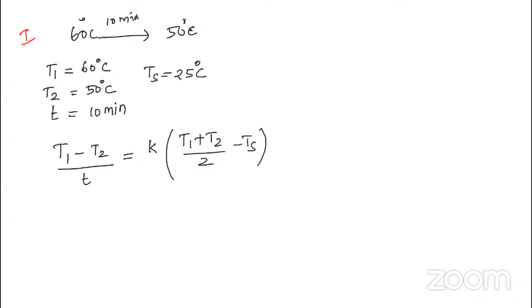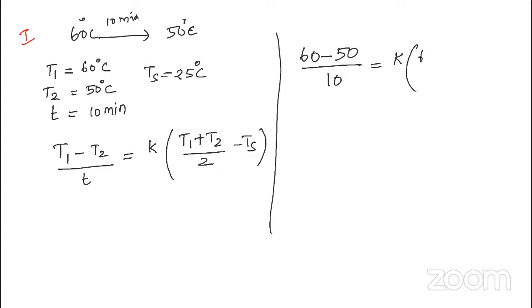Okay, so let us now directly substitute in this formula. What is the value of T1? It is 60 minus 50 divided by 10 is equal to K into (60 plus 50) divided by 2 minus 25.